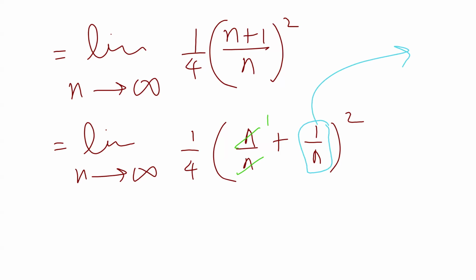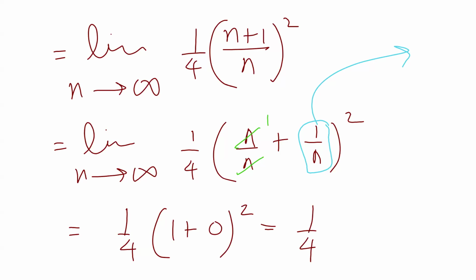If we put the value of n as infinity, it becomes 0. So 1 plus 0 the whole square is 1. This bracket will be 1, and 1 by 4 remains. So the answer will be 1 by 4.